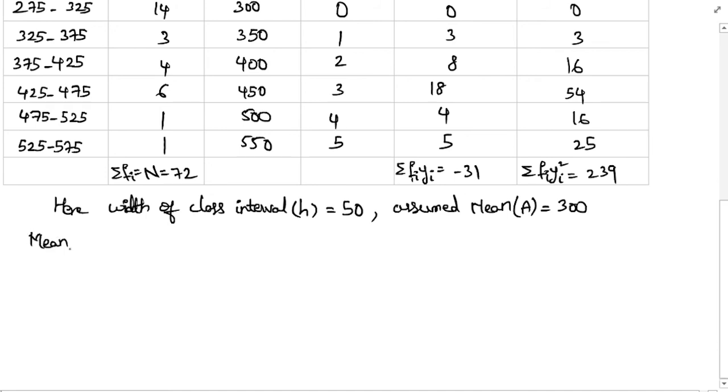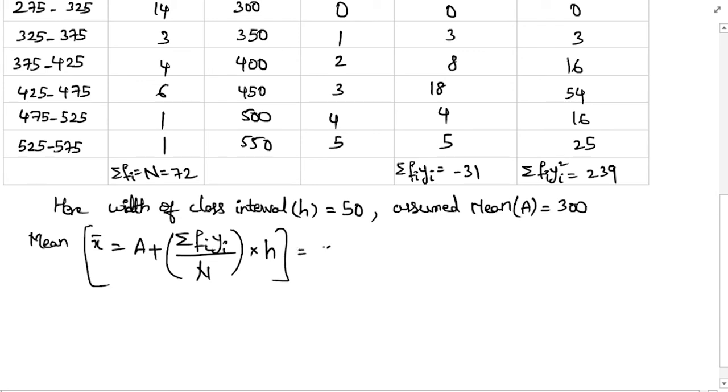So mean, that is x bar, is equal to a plus, we have a formula for this, right? A plus summation of Fiyi divided by n, into h. This is our formula.